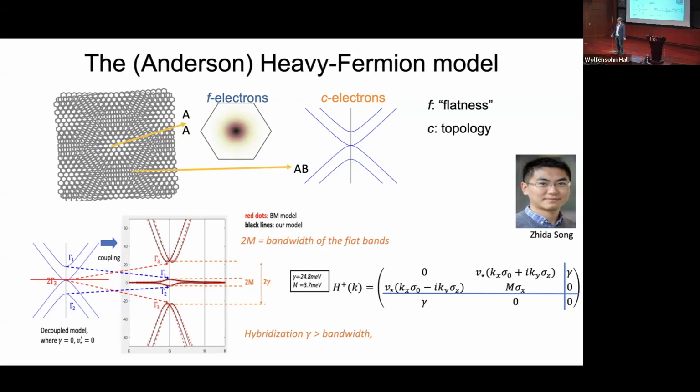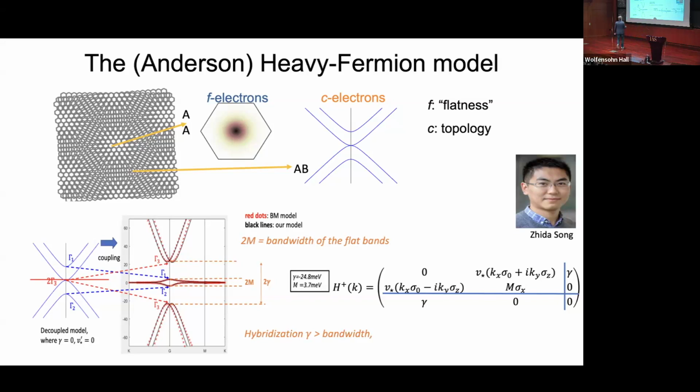There's no way I can make it just a sum of atomic limits. So that's why I want a description of the flat bands, which are topological. So I pawned off the topology onto a dispersive electron, and I pawned off the interaction onto a local electron.